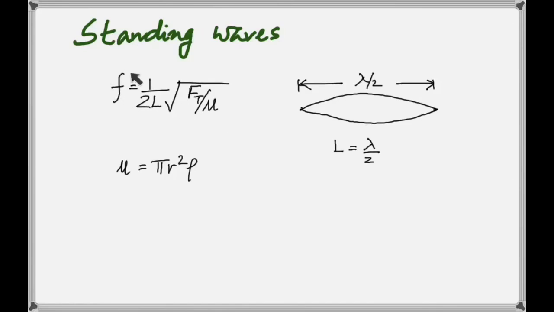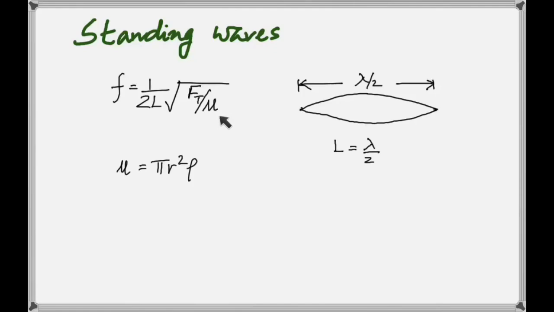But here, F is the frequency, correct? That's the length of the string, Ft. What's Ft? Tension must be in newtons, so it has to be kilograms times g, mg. And mu is called the linear density.